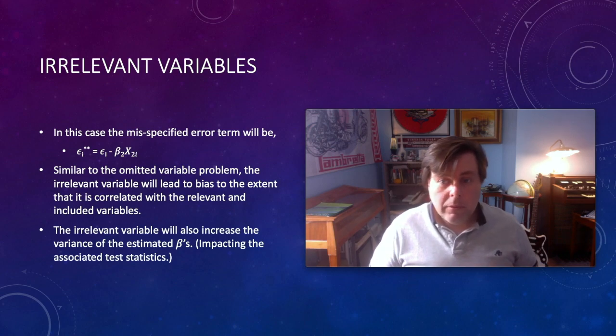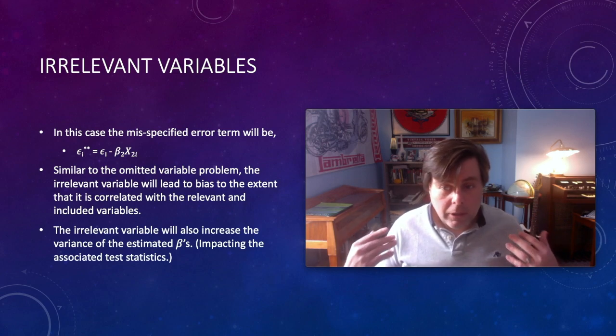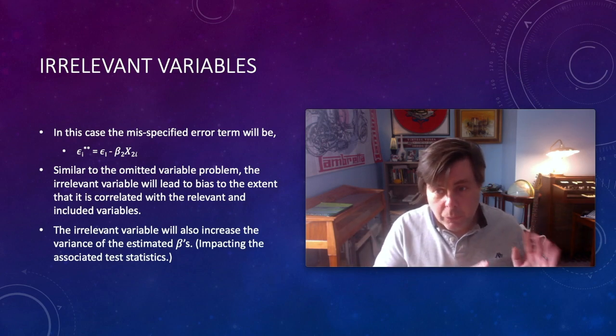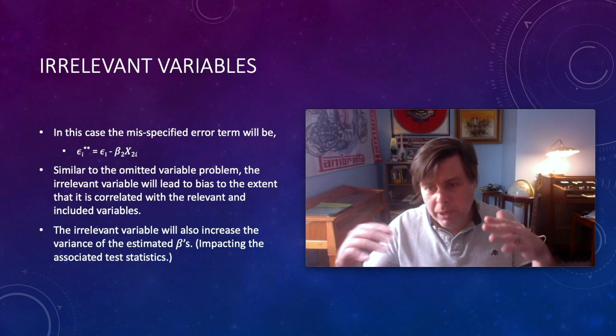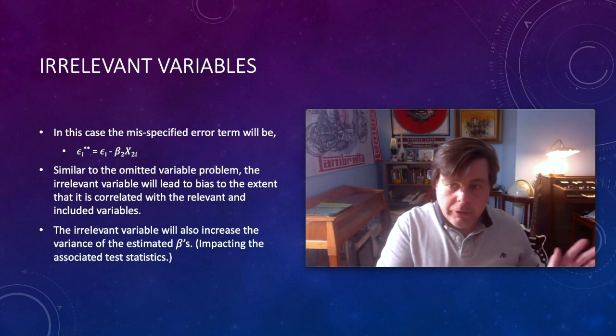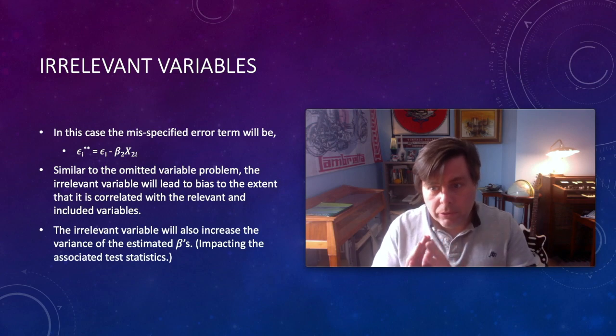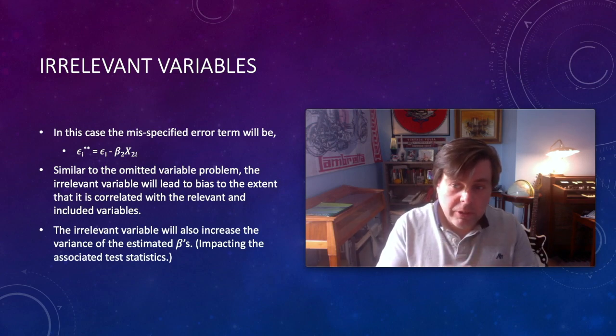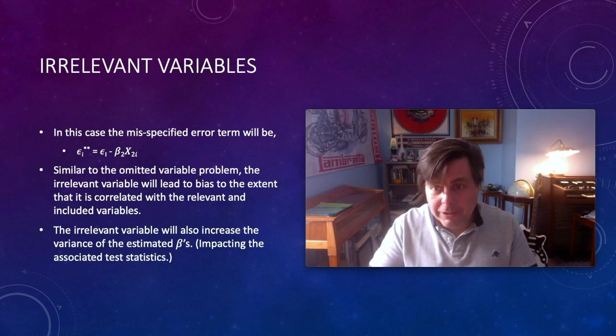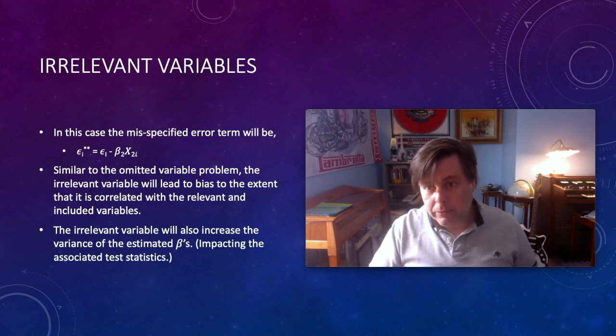Okay, so in this case, assuming positive correlation, we are going to end up under attributing variations in y to x1, right? Because we're attributing some of that variation falsely to x2.